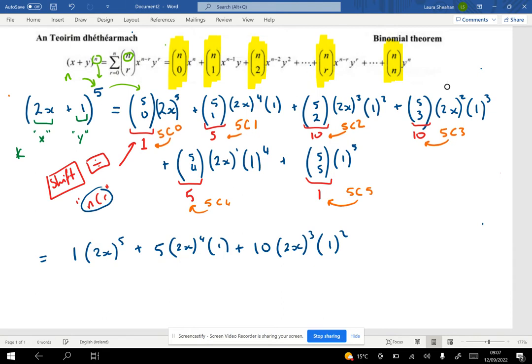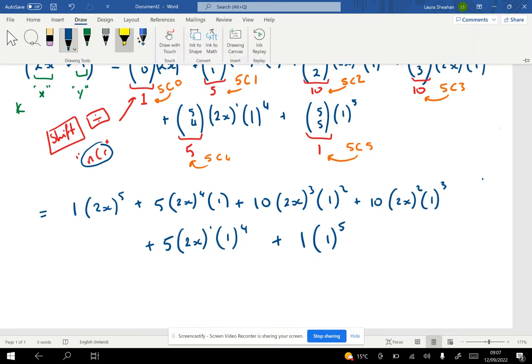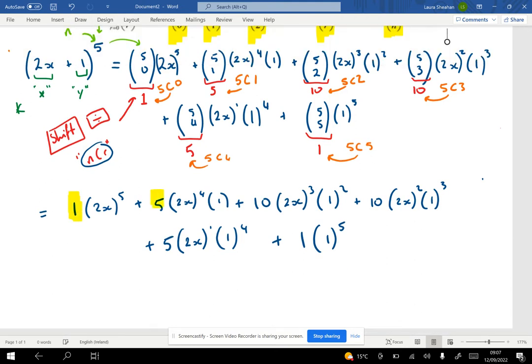The indice needs to be on the full term. Plus 10 times 2x squared times 1 cubed, plus 5 times 2x to the power of 1, 1 to the power of 4, and lastly 1 times 1 to the power of 5. So these are my coefficients, apologies, not indices. These are my coefficients to the x terms.